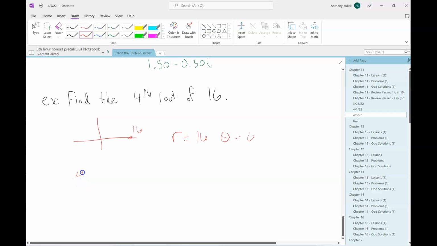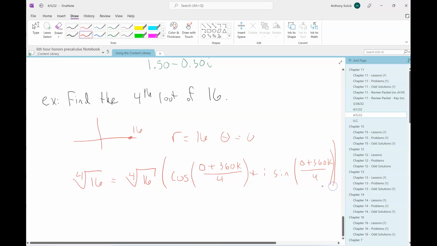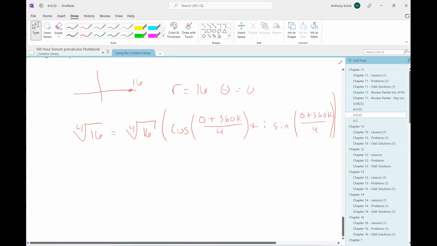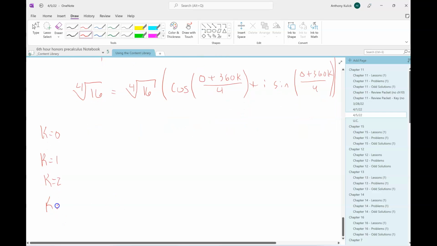So if I want the 4th root of 16, I'm going to have the 4th root of r times cosine of 0 plus 360k over 4, plus i sine of 0 plus 360k over 4. So we have an answer for k equals 0, 1, 2, and 3, right?